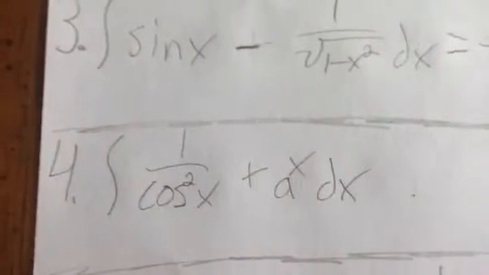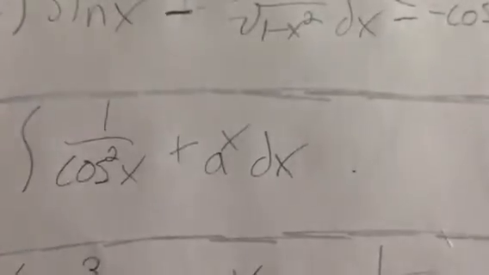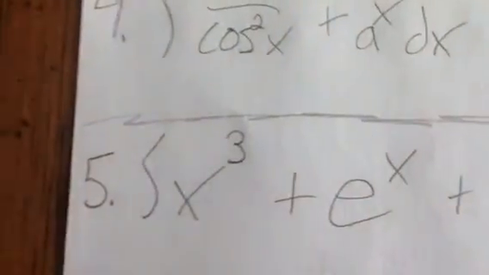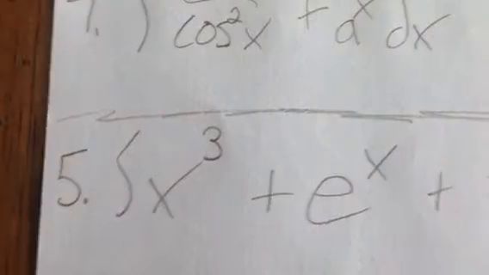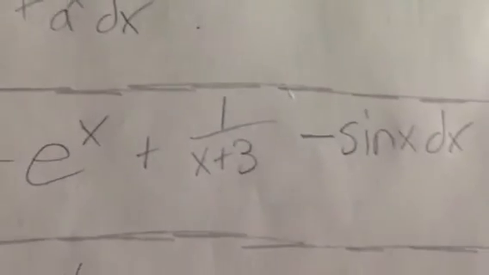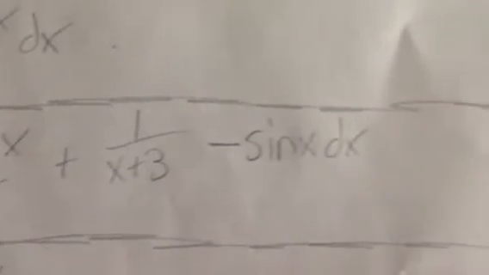So for class Tuesday, I would like you to solve these problems. The integral of 1 over cosine squared of x plus a to the x dx. The integral of x to the third plus e to the x plus 1 over x plus 3 minus sine x dx.